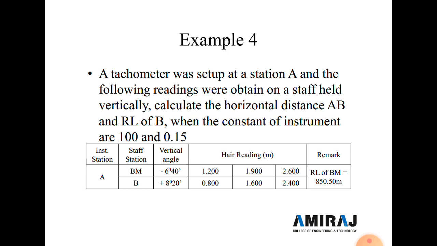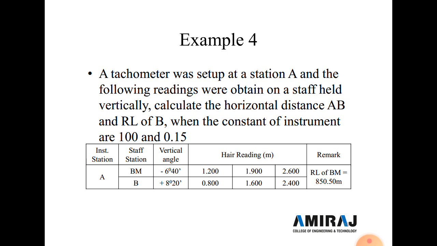A tachometer was set up at a station A and the following readings were obtained on a staff held vertically. Calculate the horizontal distance between A and B and the RL of point B when the constants of the instrument are 100 and 0.15.